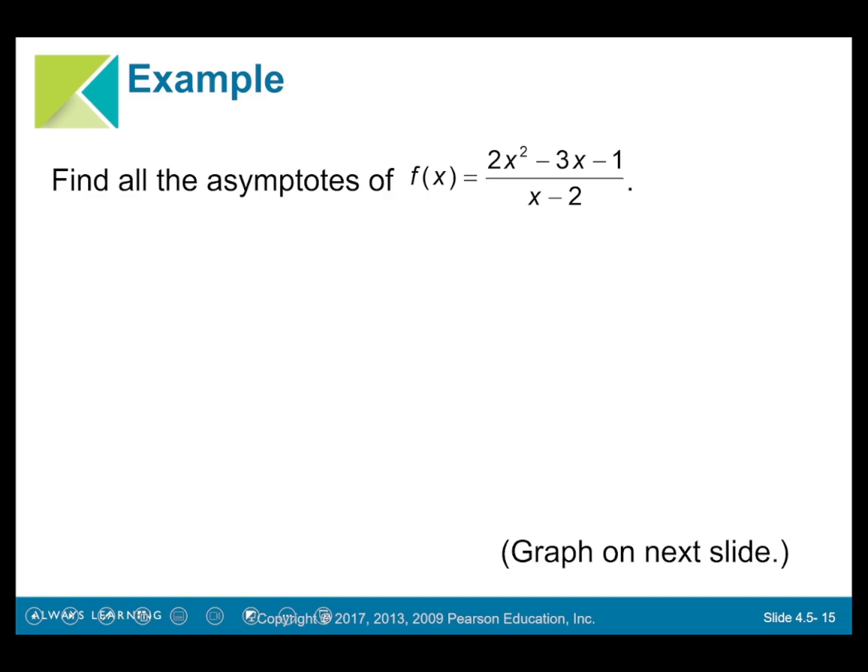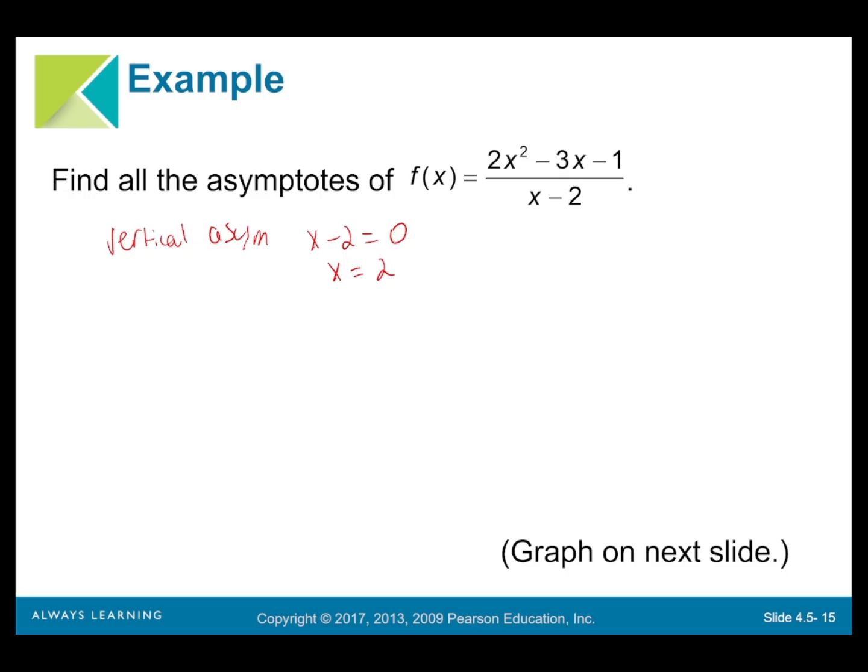So here's an example. Find all the asymptotes of this function. Of course we can find vertical asymptotes as well, so we should start there. We want to think about when x minus 2 equals 0, and we get the line x equals 2. So there we've found that one out.